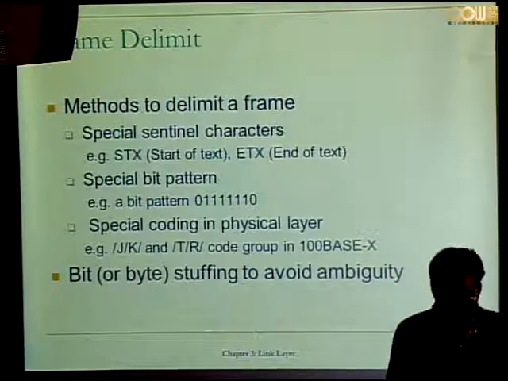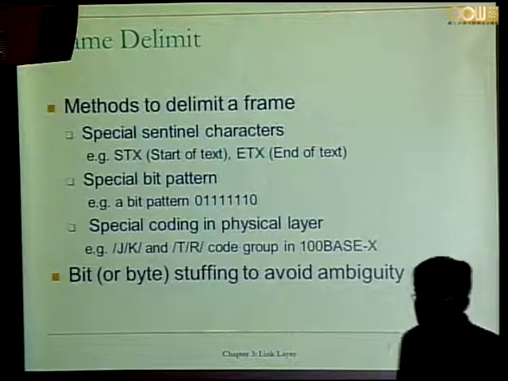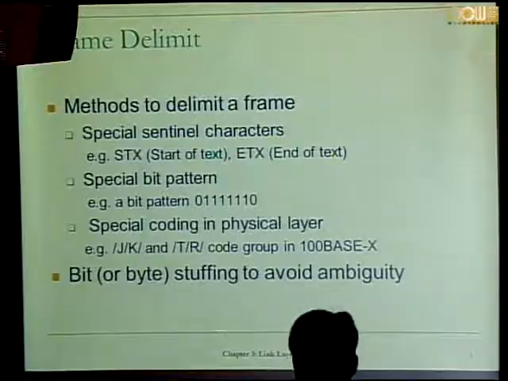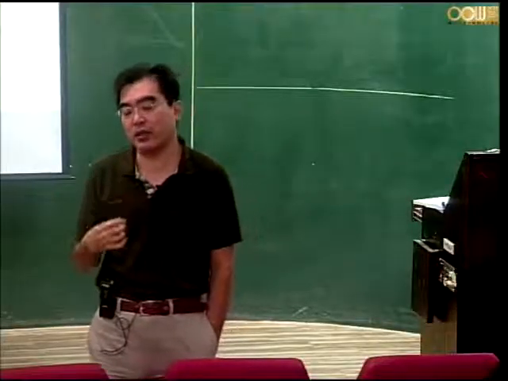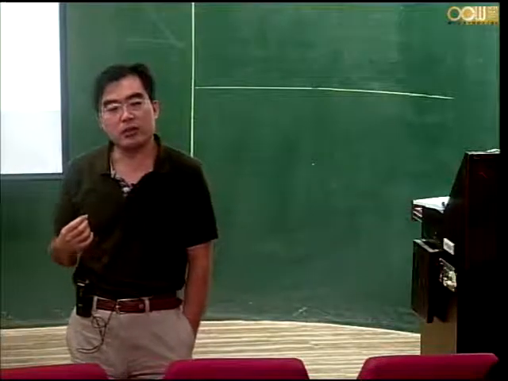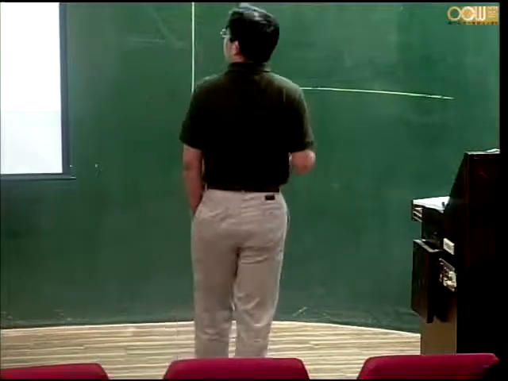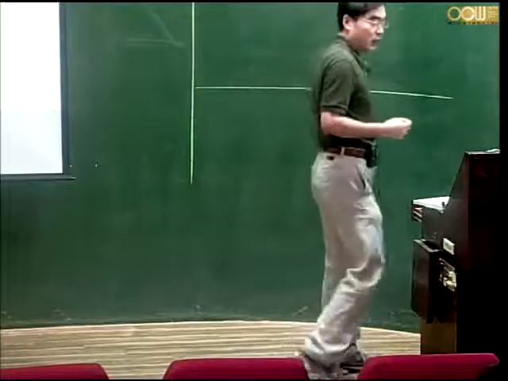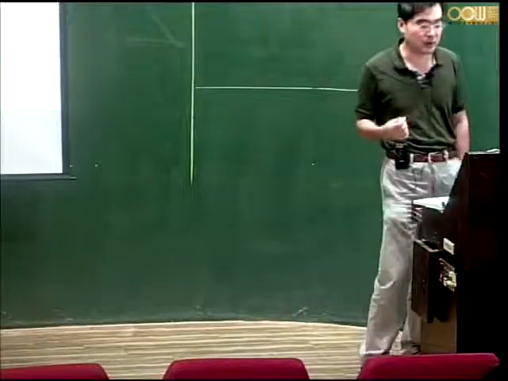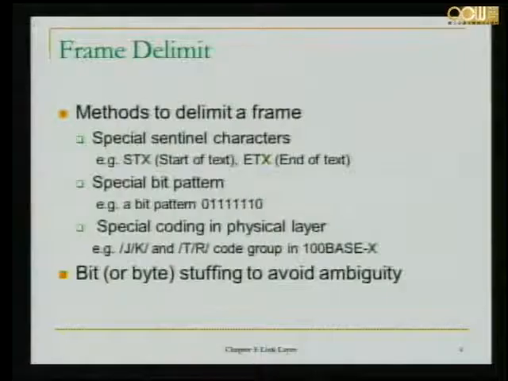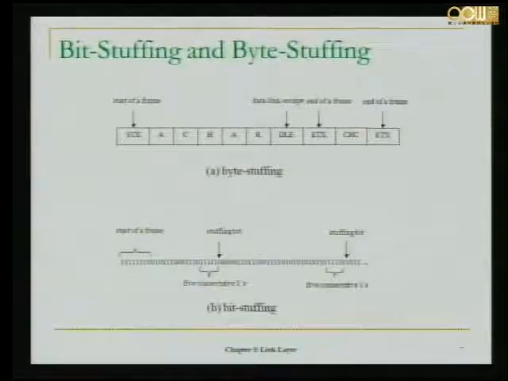The reason is that the special character or special bit pattern you use might happen in the data, and if it does, it creates ambiguity for the receiver. So how do you resolve the ambiguity if the bit pattern or character might happen in the data? You would use byte stuffing or bit stuffing. Here are two examples.